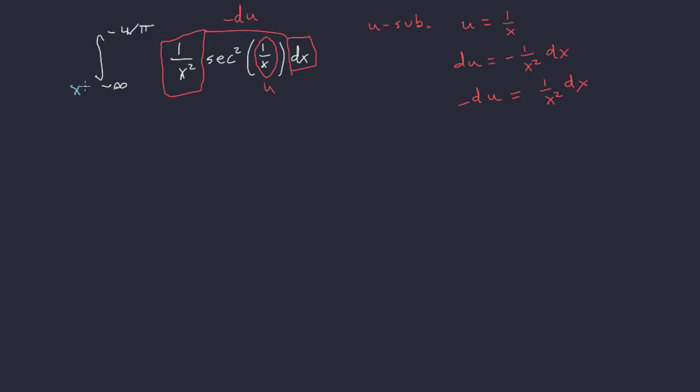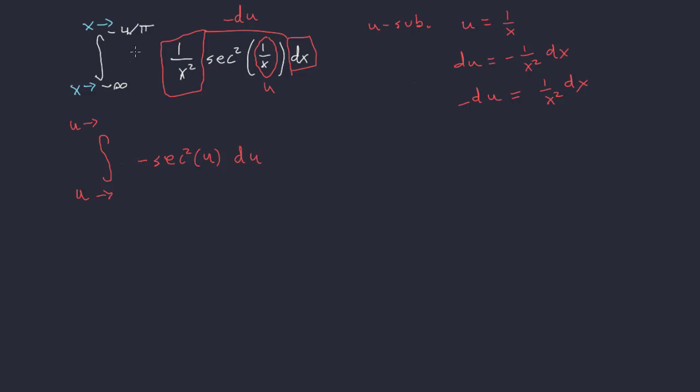So we have x going to negative infinity here, and x going to negative 4 over pi here. So when I get to my new integral, I need these to be in terms of u's. When we do this, it should simplify the integral a lot more. So we'll have secant squared of u, and it will be a negative du. I just put the negative outside.